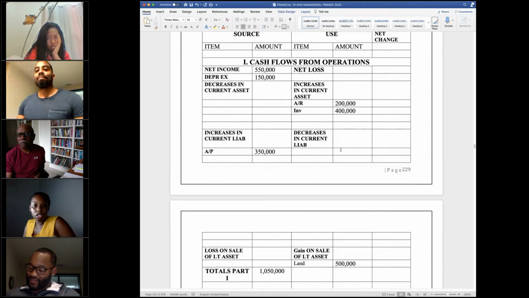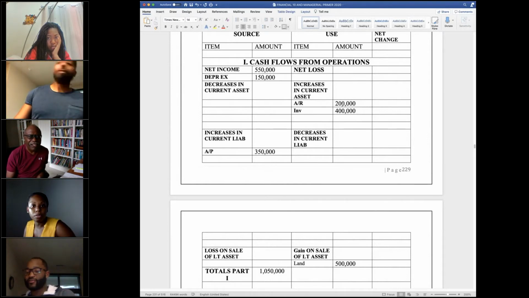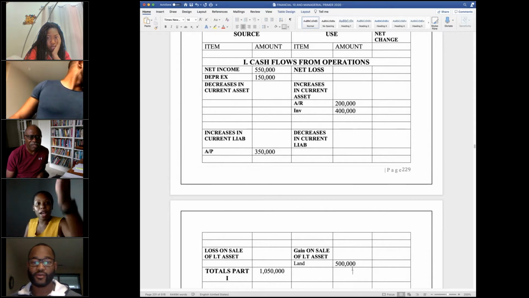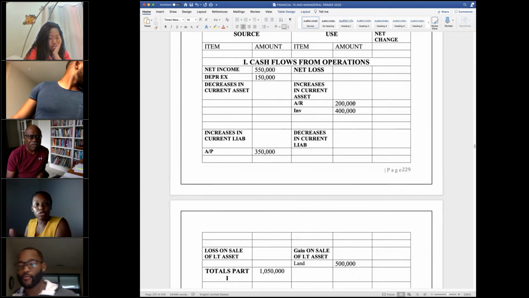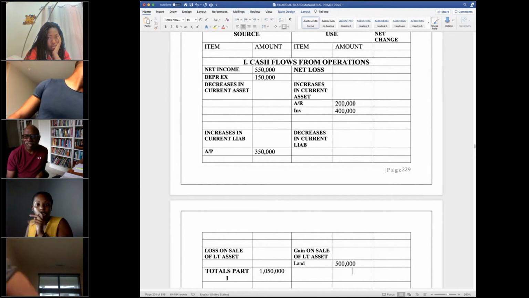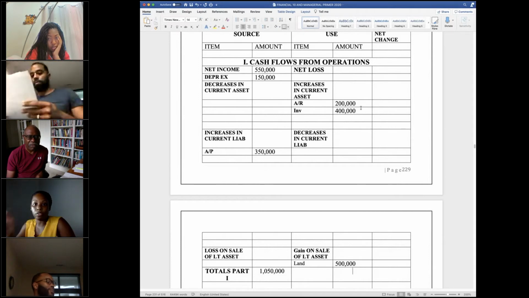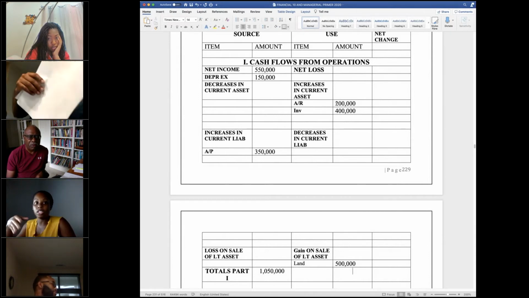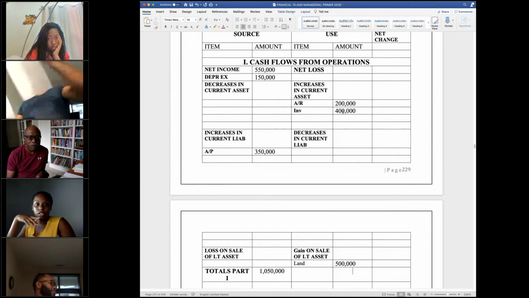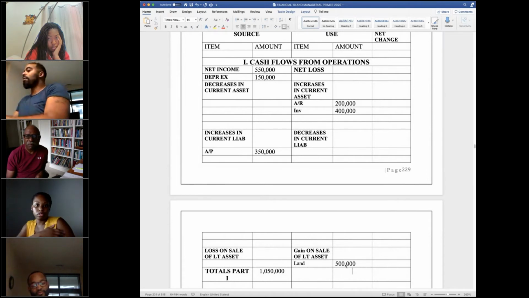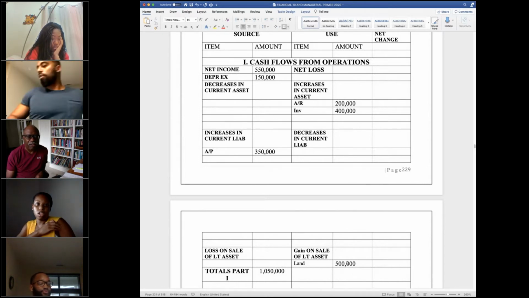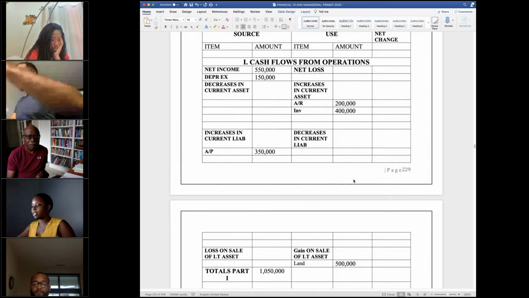How much is it? Okay, so am I adding sources and then I'm adding use? Correct. So for sources it was 1,050,000, and then for use it was 600,000. And then together it was 1,650,000. Got 200, 400, and 500. What is 500? Gain on sale of land. Oh, I forgot about that.